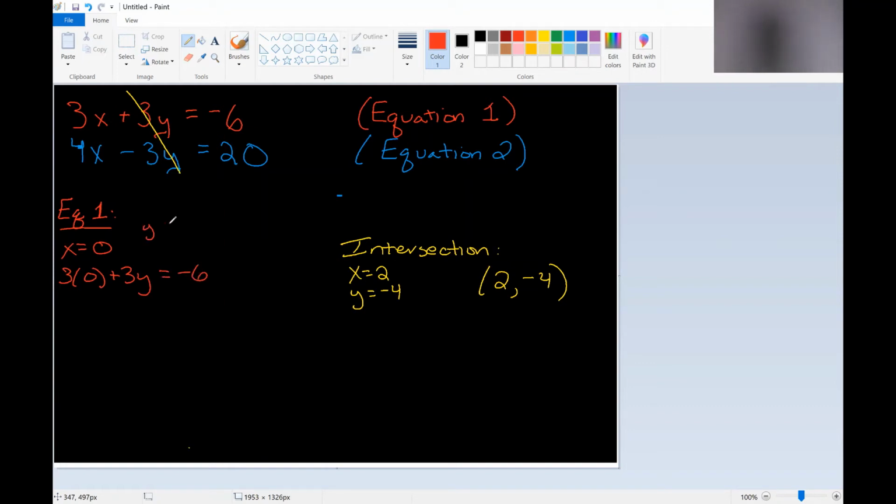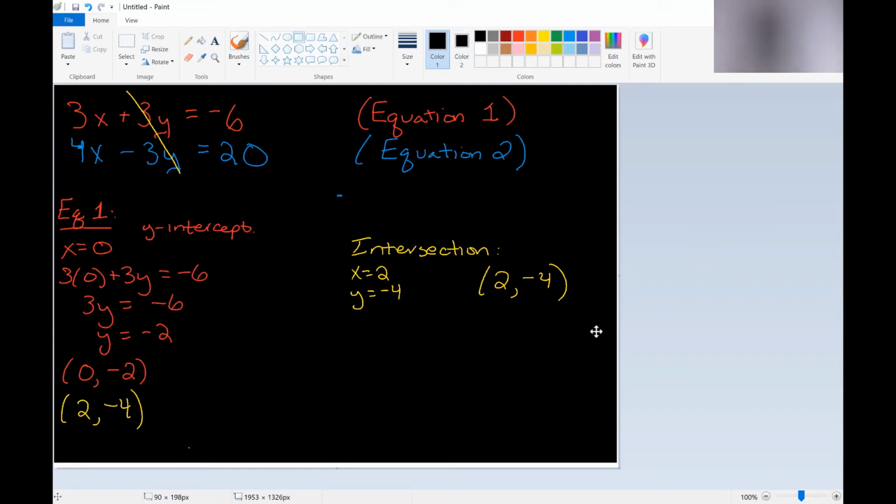This will give me the y-intercept. Okay, solving this equation, we have 3y equals negative 6 or y equals negative 2. In other words, we have a point on the line for equation 1 of over 0, down negative 2. And of course, we have that intersection point still in our life, which was (2, negative 4). So that tells me how I could plot that line. Okay, and we can do the same thing over here for the second equation. Make a little bit of space.